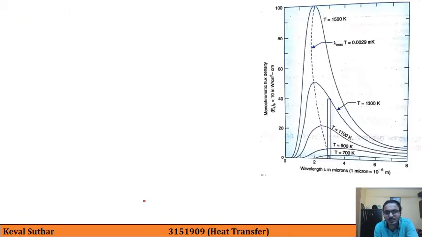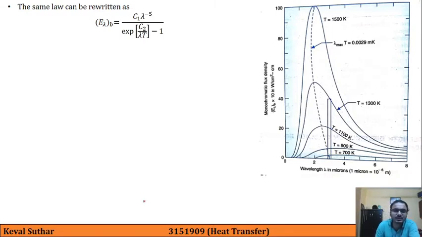Now this is the distribution of monochromatic flux density with respect to the wavelength and for a given temperature. So the previous law can be written similarly in this way: E lambda b can be rewritten as C1 into lambda raised to minus 5 into exp of C2 by lambda T minus 1, where we have replaced a few terms with two constants C1 and C2.